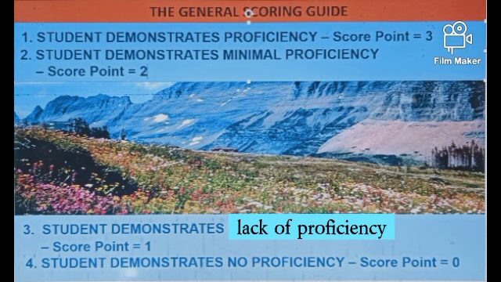Those are the attributes of a response that demonstrates no proficiency and will be given a score of 0. Again, this scoring guide is just a guide and may be modified by the mathematics teacher to suit his needs or his preferences.